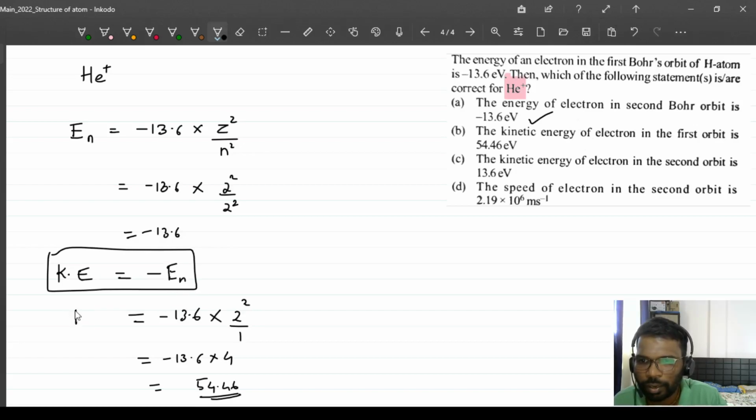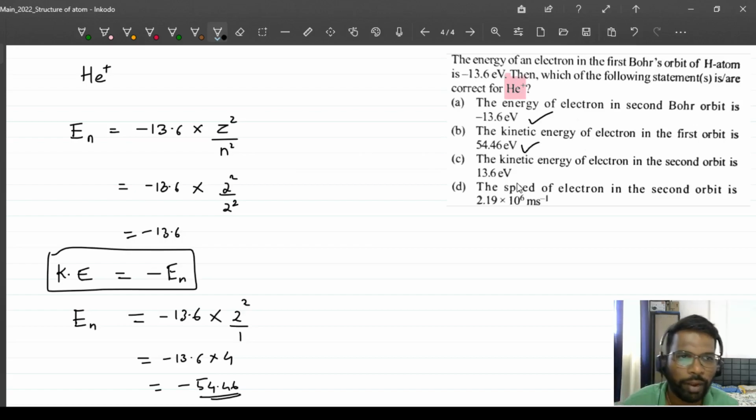So the magnitude is the same. Although I am getting minus 54.46 as the energy of the nth orbit, and it is negative, just the positive value of whatever you are getting will be equal to the kinetic energy, and this is also true.